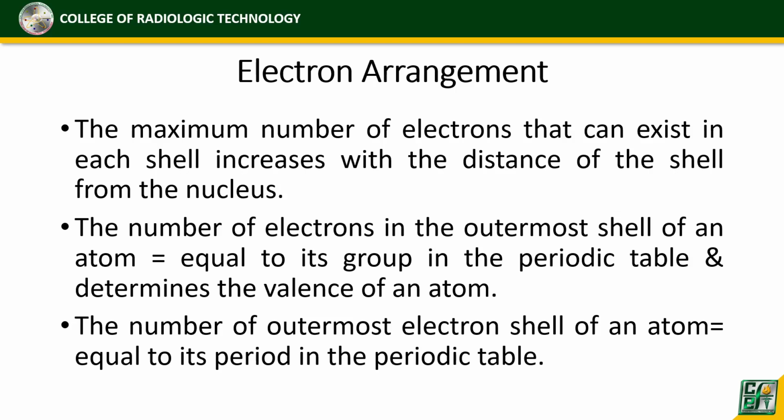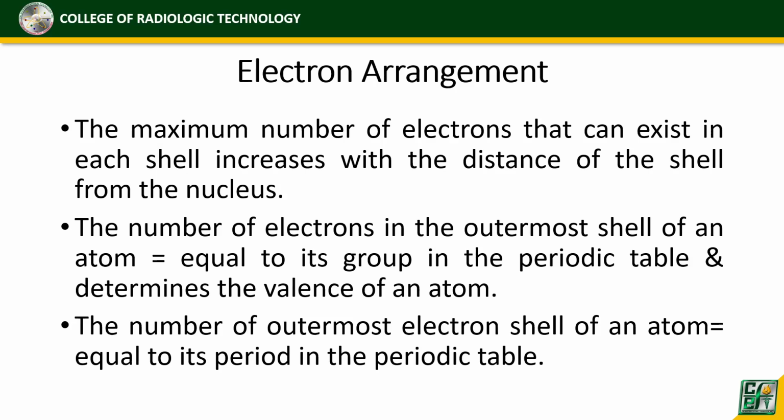Okay. Then, the number of outermost shell or outermost electron shell of an atom naman ay equal doon sa period sa periodic table. So, di ba, when we are using periodic table, meron niyang mga groups, period, and family, di ba?